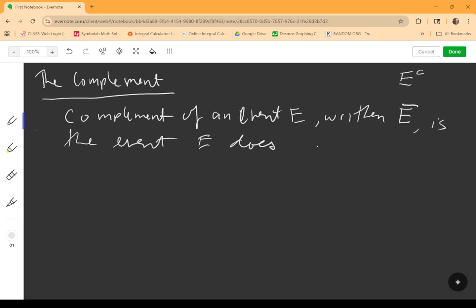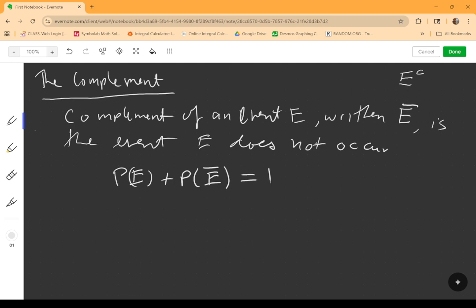So you can just think of it as a binary situation. You have an event E that occurs with some probability, and it does not occur with another probability. If we think of our sample space as event E and event not E, the complement, then the sum of these is equal to 1.